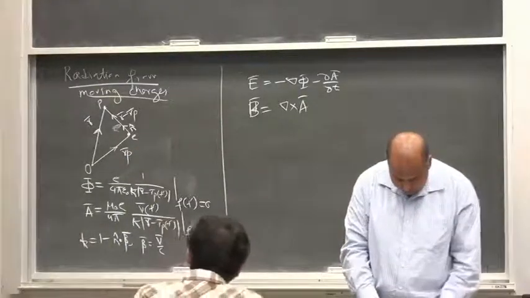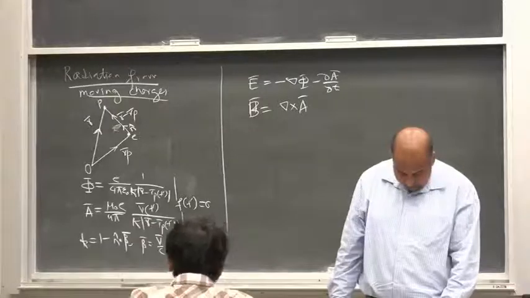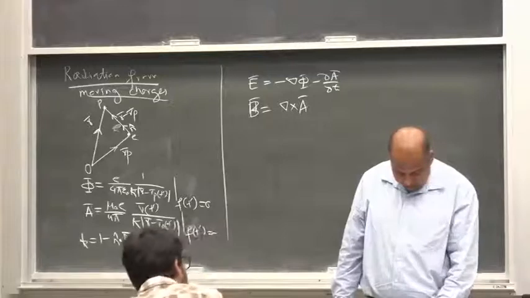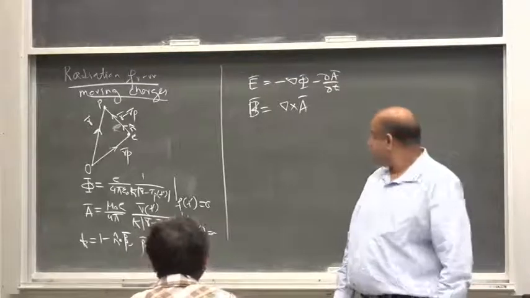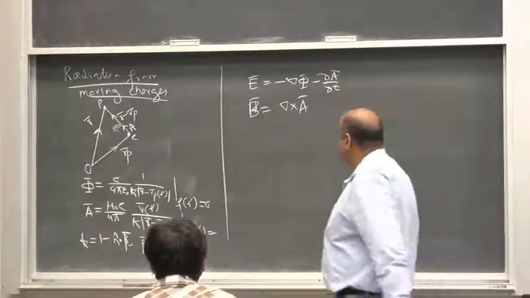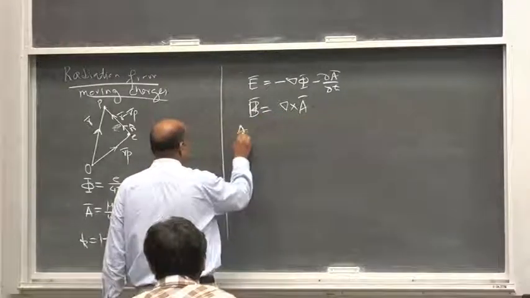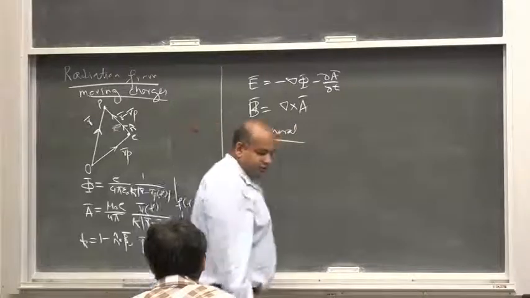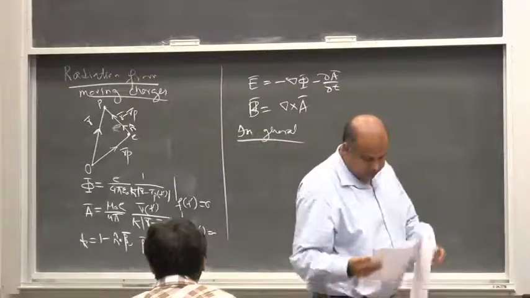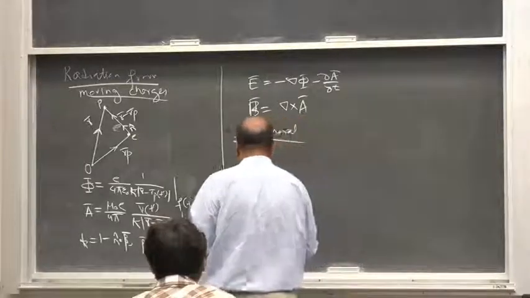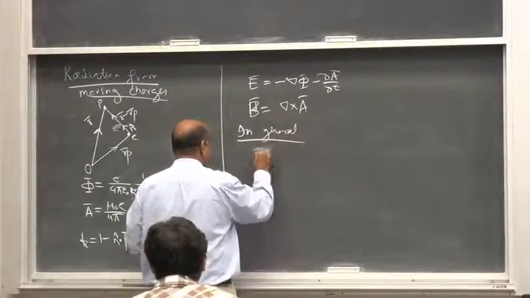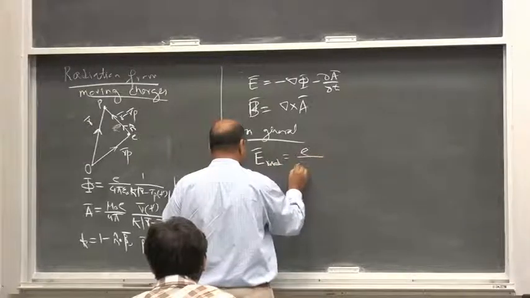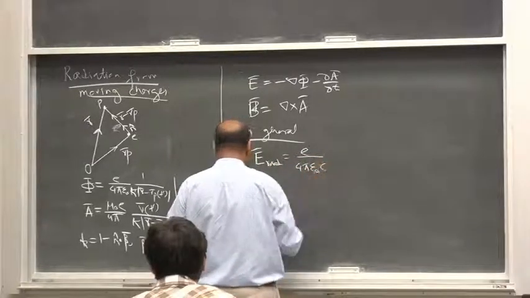And so far we have studied two special cases, right? And we first of all solved the problem in general. We found the electric and magnetic field, and the radiation part of the electric field was this.